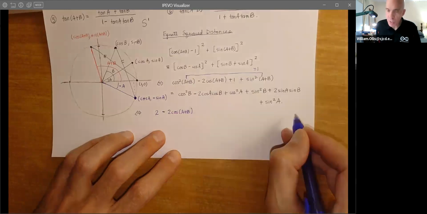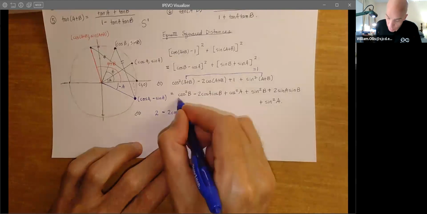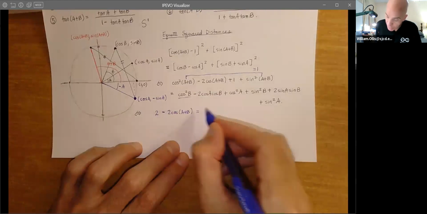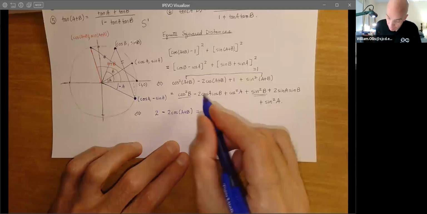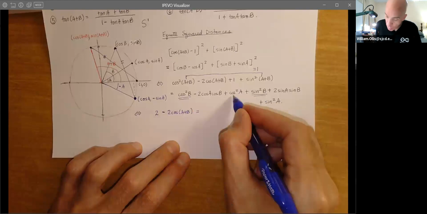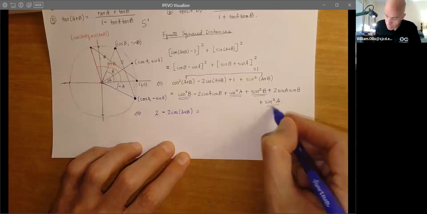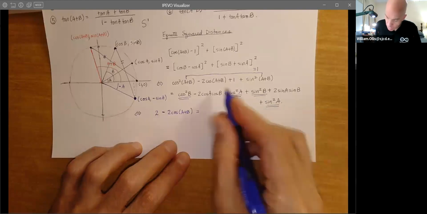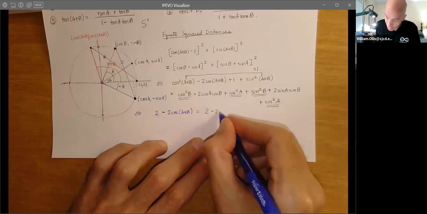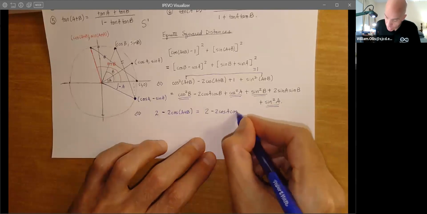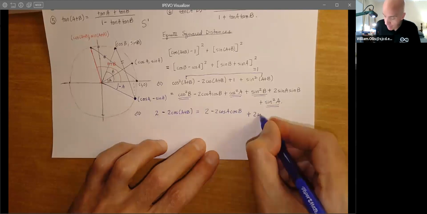So again, we're using just the basics of the unit circle, and now we have a cosine squared B and a sine squared B, that gives us a 1. And then we have a cosine squared A and the sine squared A, that also gives us a 1. So we have a 1 plus a 1, that's a 2. And then we have the minus 2 cosine A cosine B, plus 2 sine A sine B.